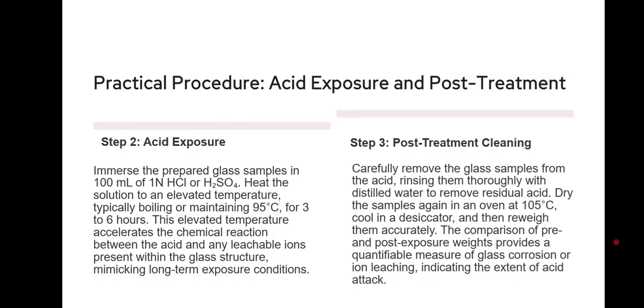Dry the samples in an oven at 105 degrees Celsius to remove all moisture. Then cool them in a desiccator so they don't reabsorb water from the air. Finally, weigh them using a sensitive analytical balance. This gives us a baseline weight, very important for calculating how much material is lost after the acid exposure.